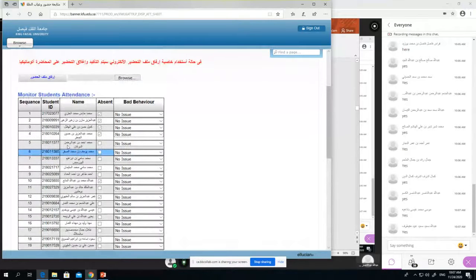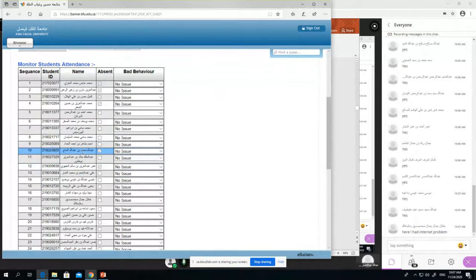Okay, now I double check. Muhammad Habis is there. Kumail Hussain. Muhammad Abdul Aziz. Talal Jamal is given, right? Abdullah Muhammad.